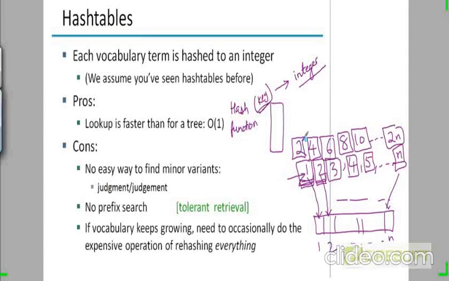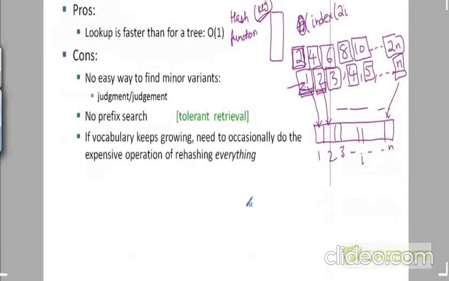Well, you could store the record with roll number 2 in position 1. You could store the record with roll number 4 in position number 2. You could store the record for roll number 6 in position number 3, and so on. And in general, you would store the record with roll number 2i at index i.